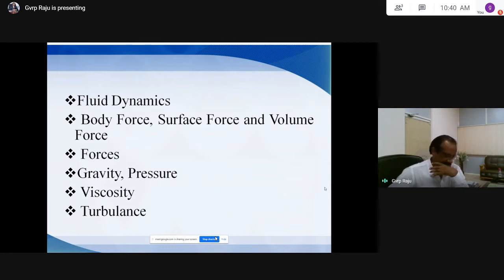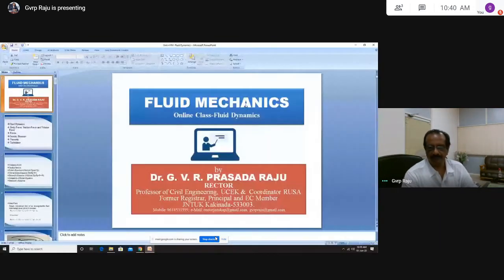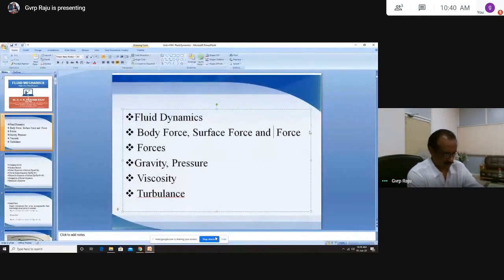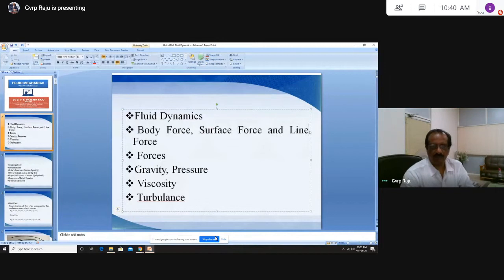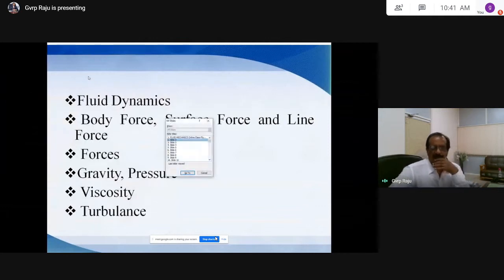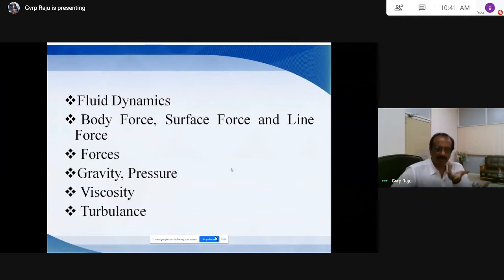And the third one, line force. The name is very clear: body force, surface force, line force.